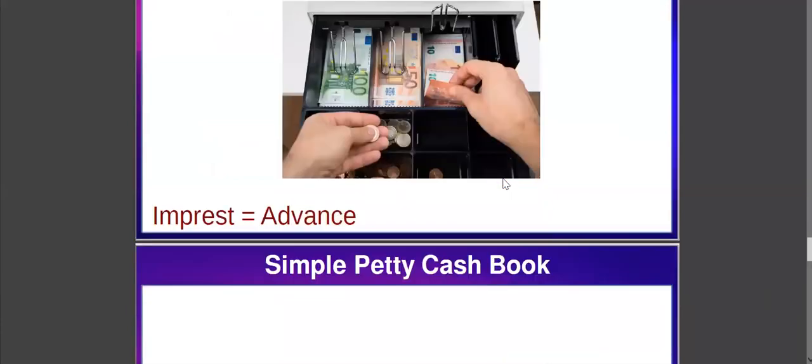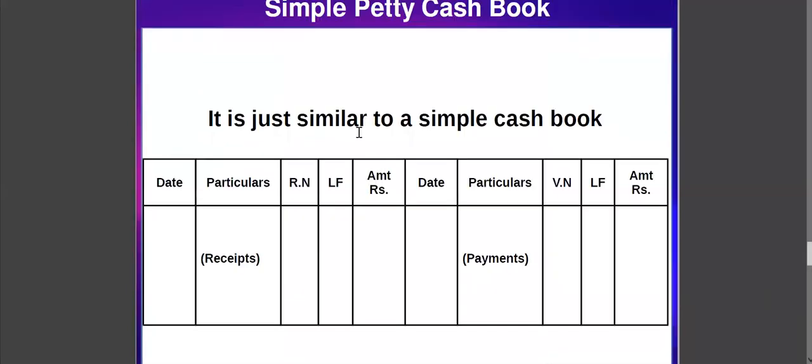Simple petty cash book is similar to a simple cash book. What are all the columns here? Date, particulars, receipt number, voucher number, ledger folio, amount.